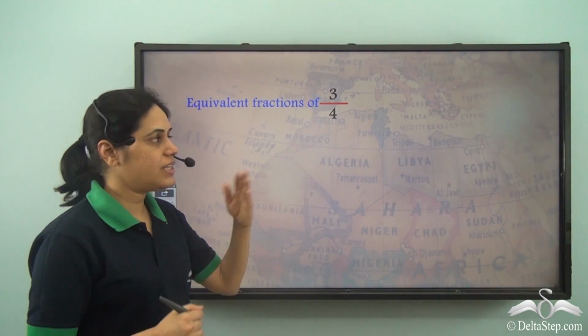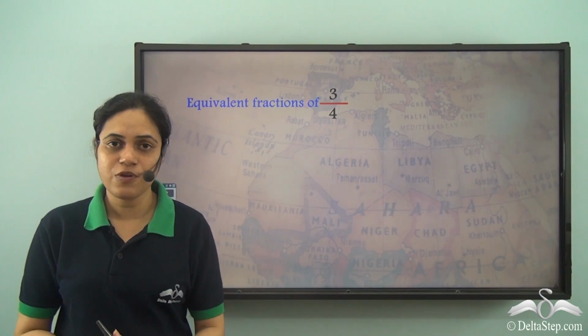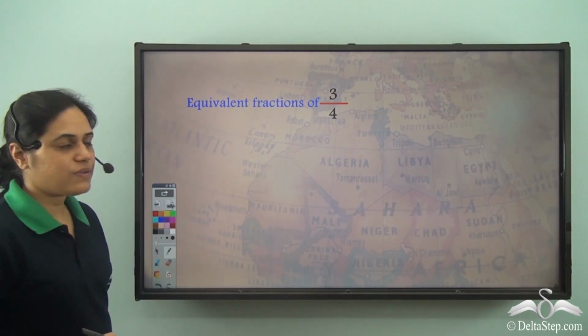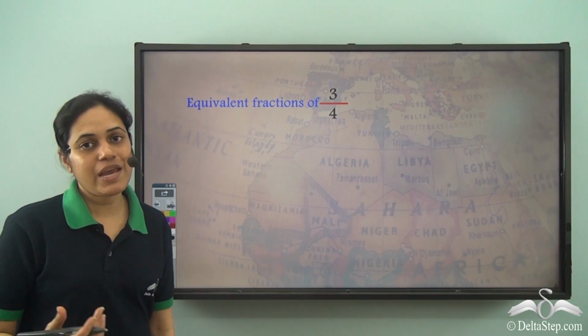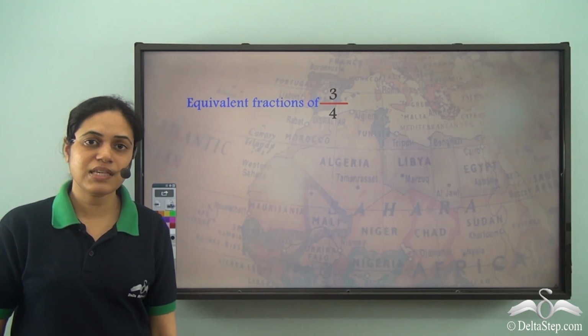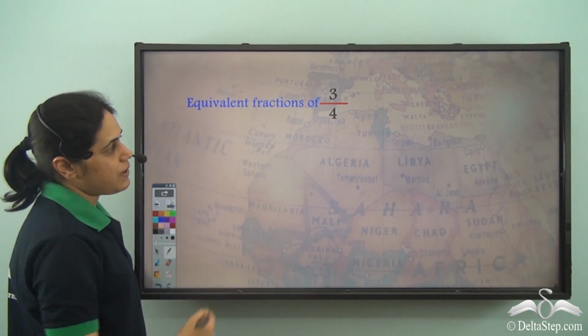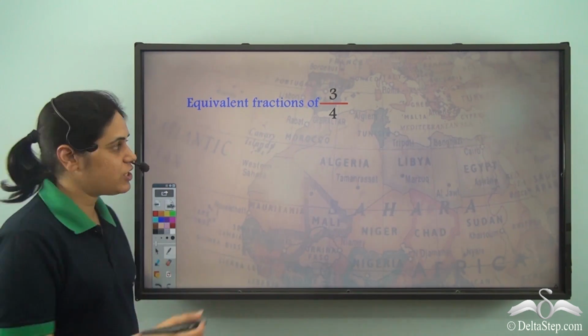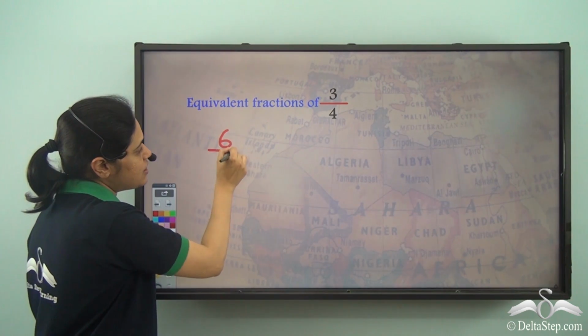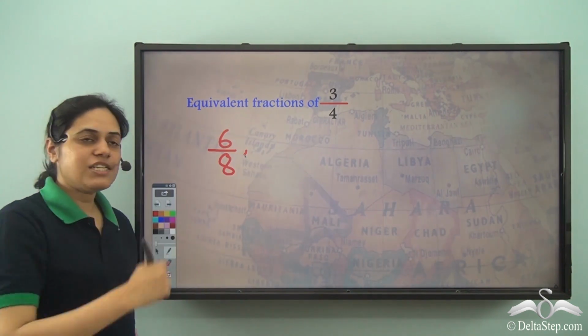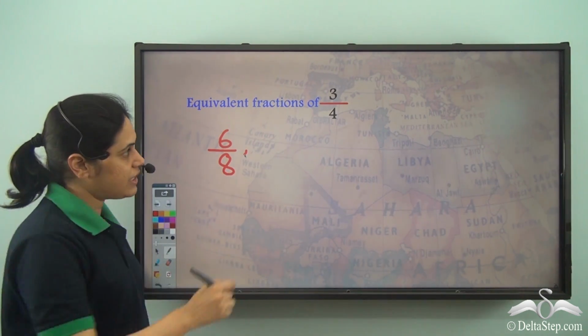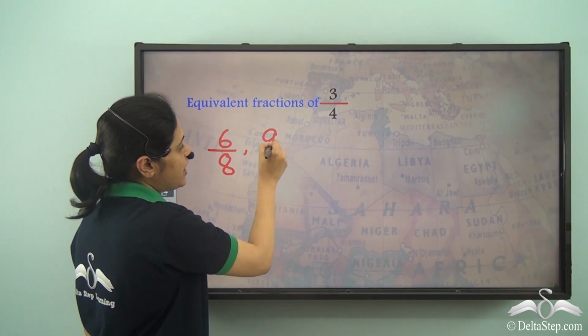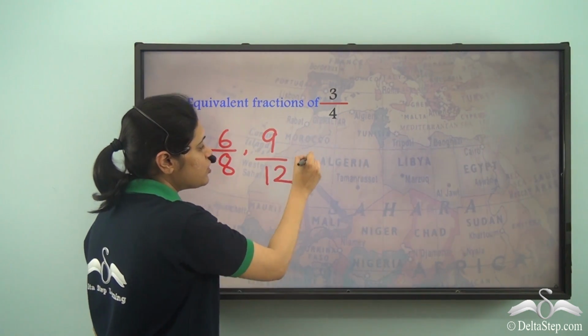First, let us write the equivalent fractions of 3 by 4. So how can we write equivalent fractions? By multiplying the numerator and denominator by the same number. So if I multiply 3 by 4, both the numerator and denominator by 2, I get 6 by 8. If I multiply by 3, 3 into 3 gives me 9, 4 into 3 gives me 12.